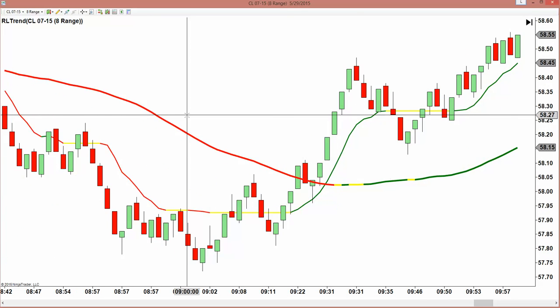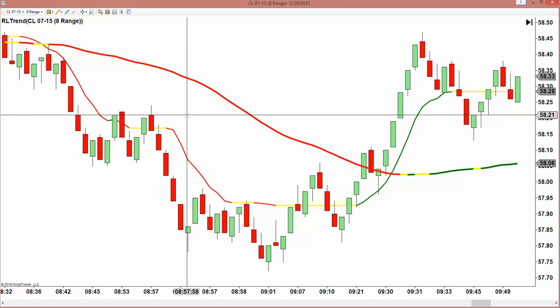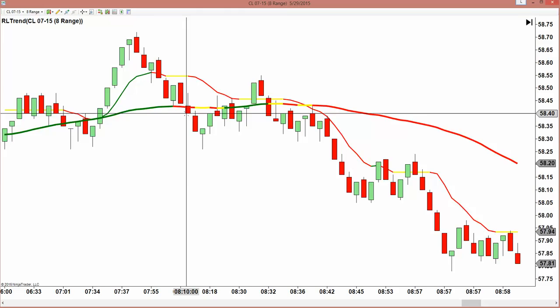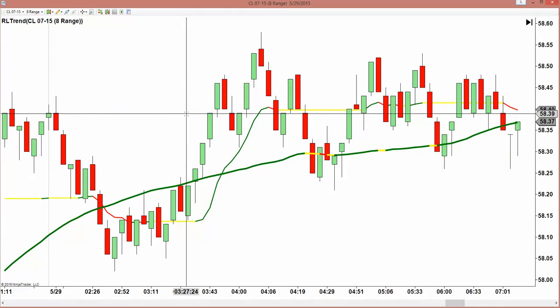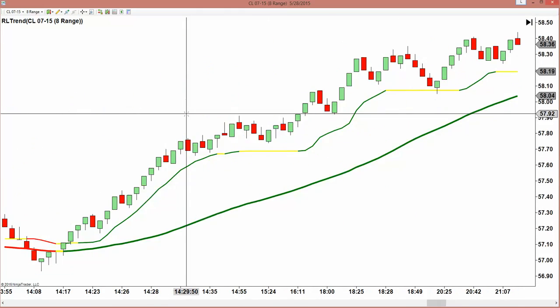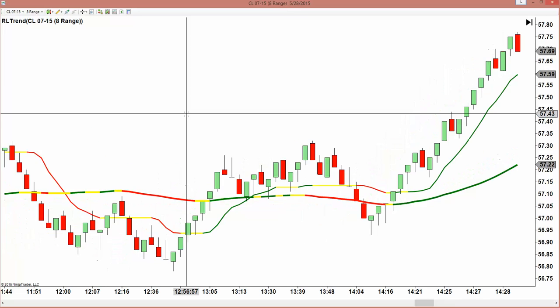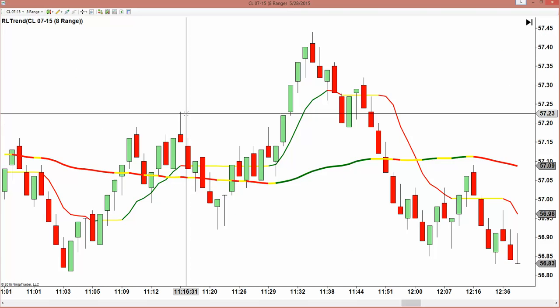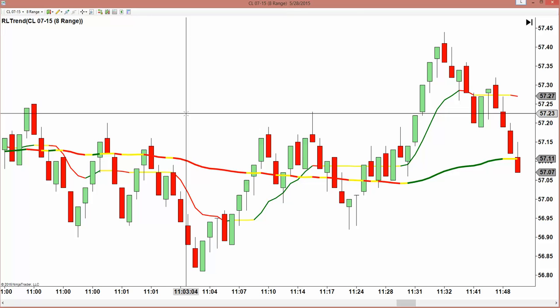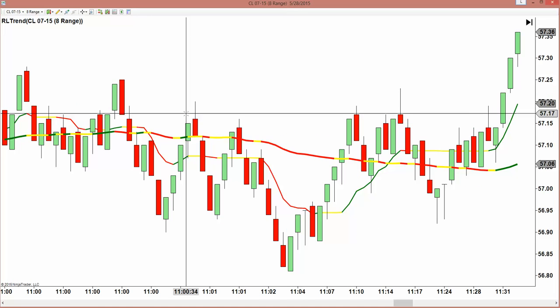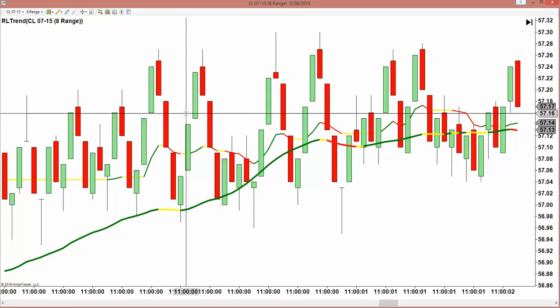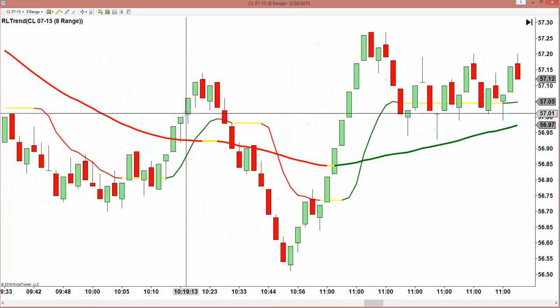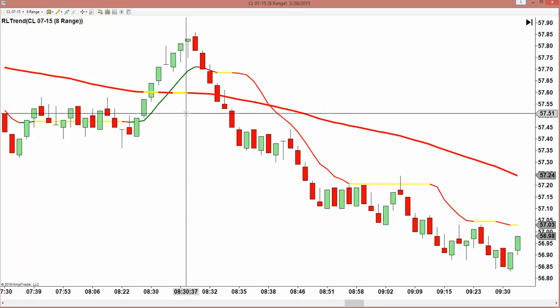I wanted to show something where I feel you get some really reliable information just by looking at price. And I'll find it somewhere here. At least this is one of the things that you can look for.